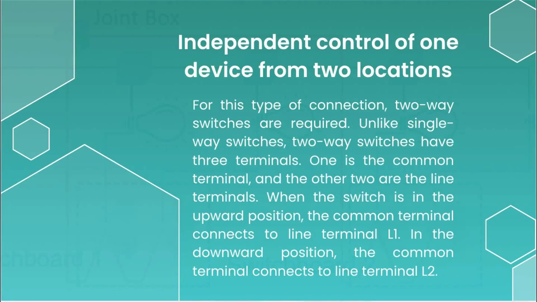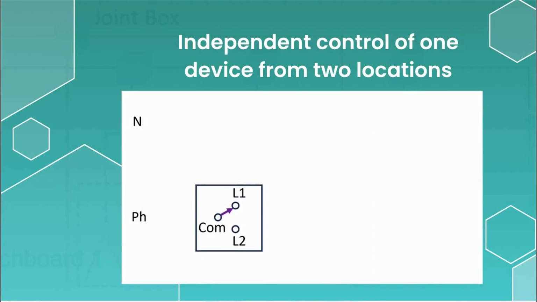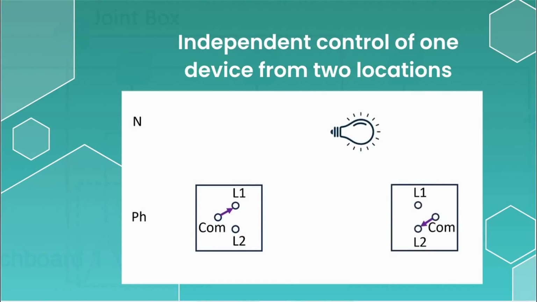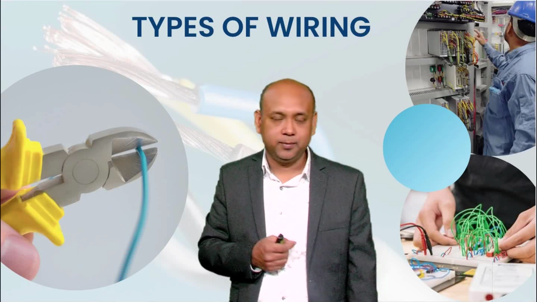In the downward position, the common terminal connects to the line terminal L2. To control the lamp from two locations, we need to install two of these two-way switches at these particular locations. The connections are made as follows.